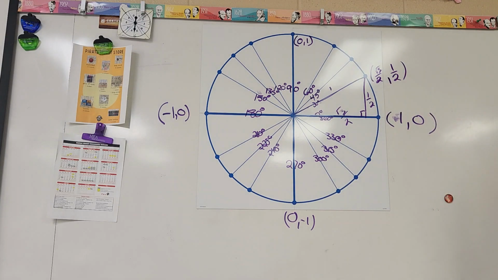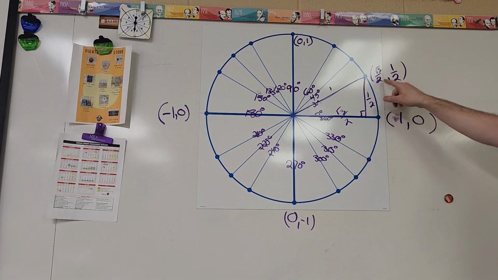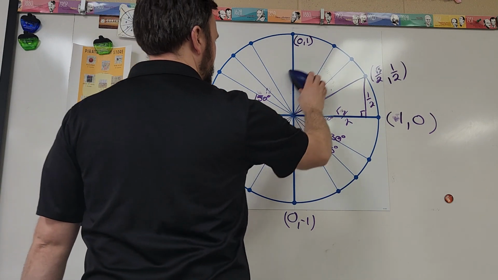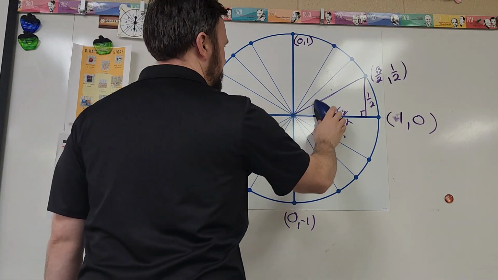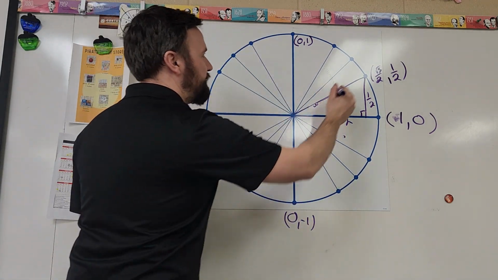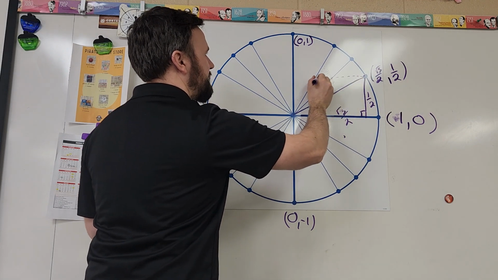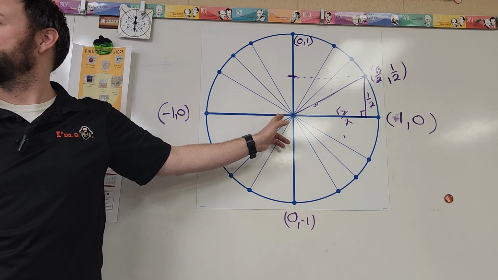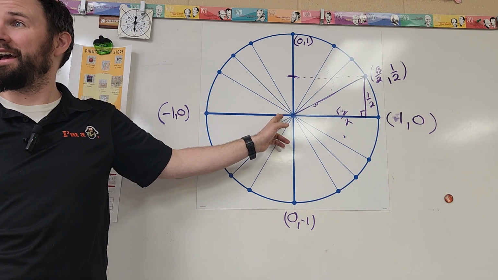Now, let's say you don't want to make triangles and do this. What's bigger, root 3 over 2 or 1/2? Root 3 over 2 is bigger. Also, I'm going to erase the angles if that's okay with you, because I want to show you guys something. If I draw that cross, what's it do to that line? Divides it in half.